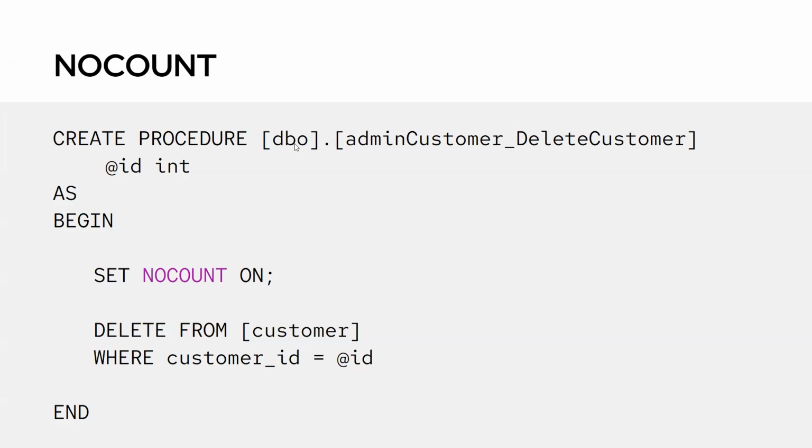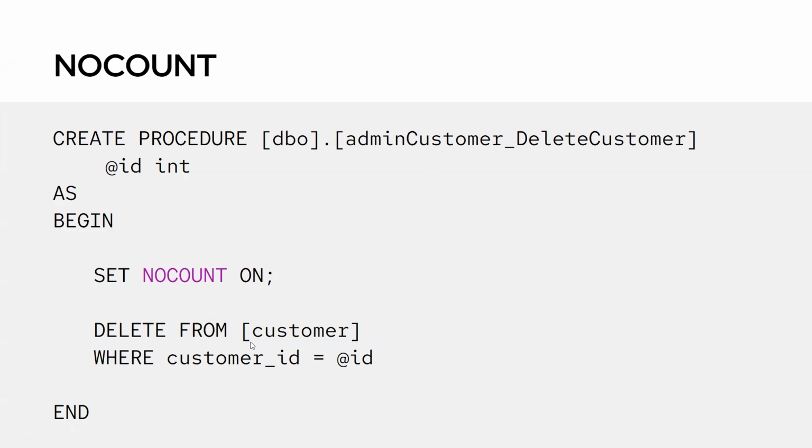So here you can see that for this stored procedure we have set NOCOUNT ON for this scope. Our scope is this stored procedure, so it will not show the processed row count in this query.